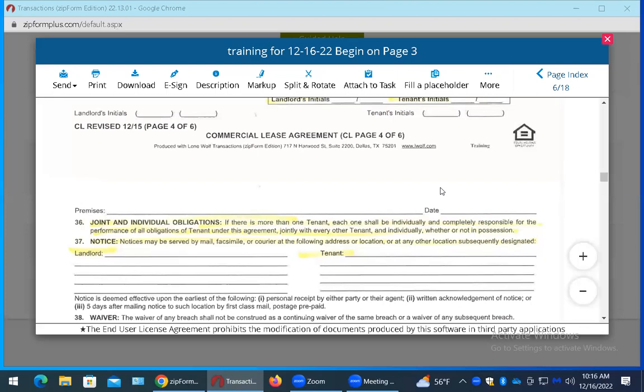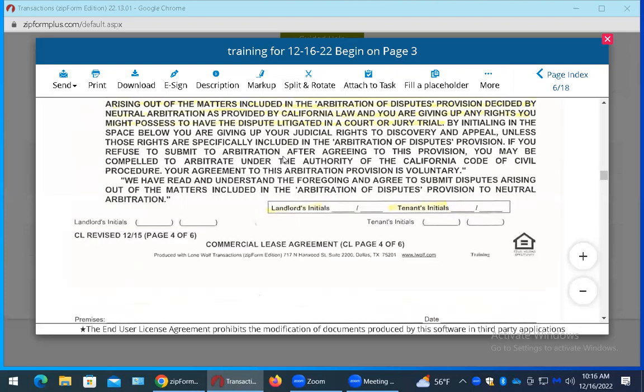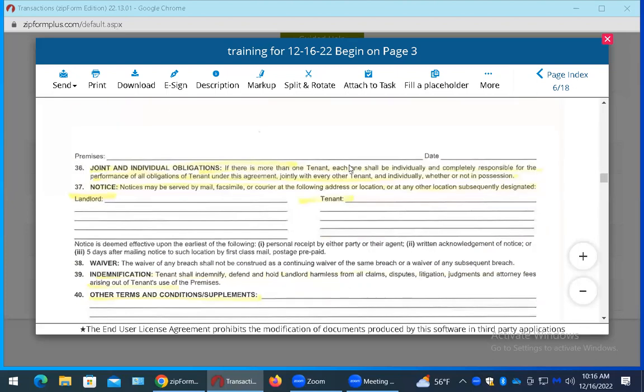Those are very good points. Thank you. So now we're going to move along. We just finished the arbitration clause, which most of us that have been in business a while are pretty familiar with. Joint and individual obligations. So if there's more than one tenant, each one is individually and completely responsible for performance of all obligations under this agreement.